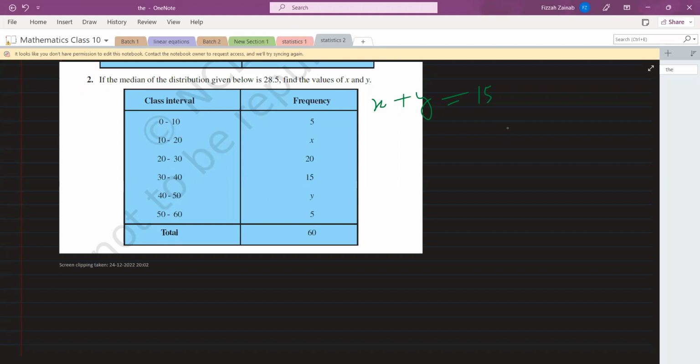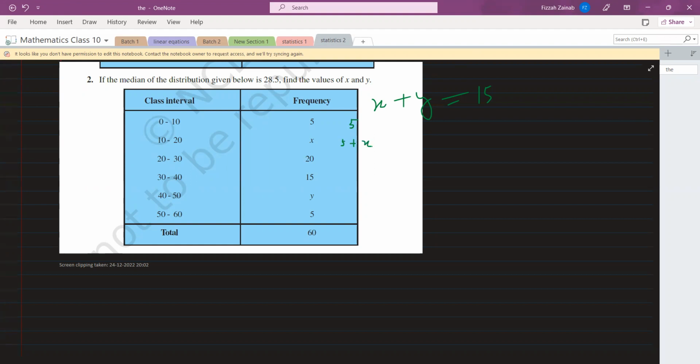Now tell me capital F. For capital F, so you do at least up till here. The first cumulative frequency is 5, right? So for this, it will be 5 plus x. Clear? Yeah, 5 plus x. Is this clear, everyone?